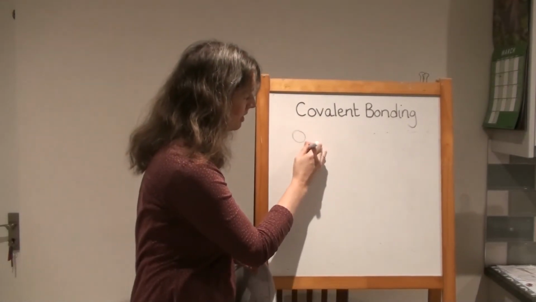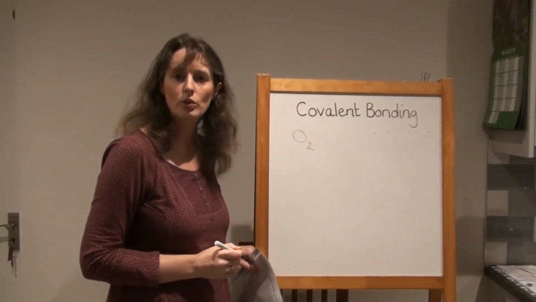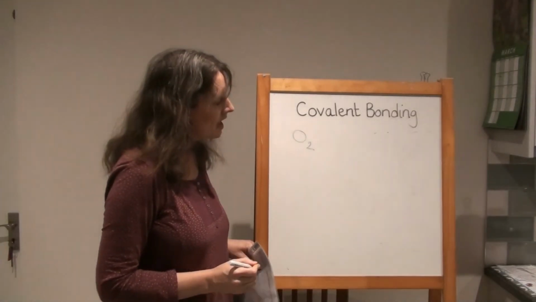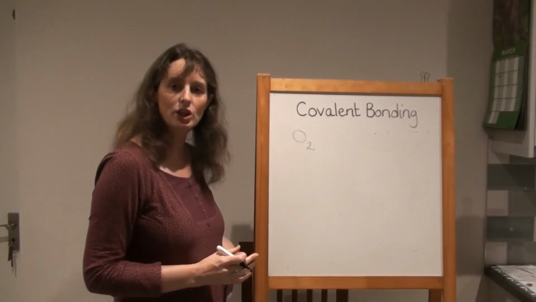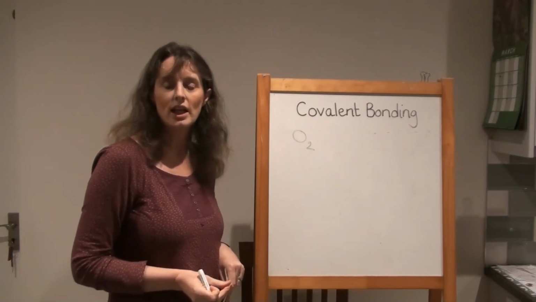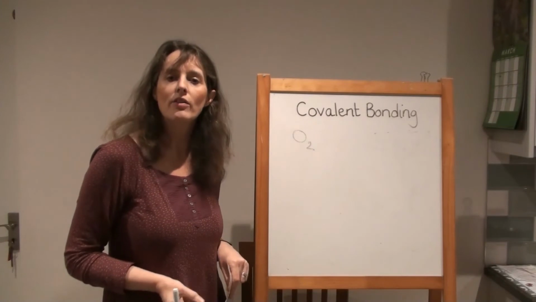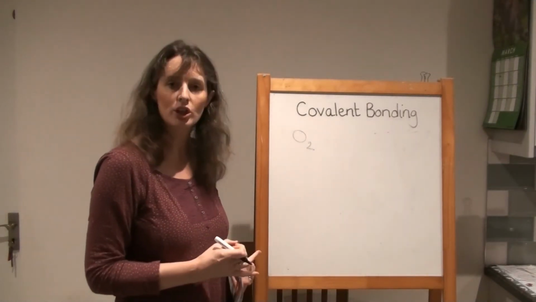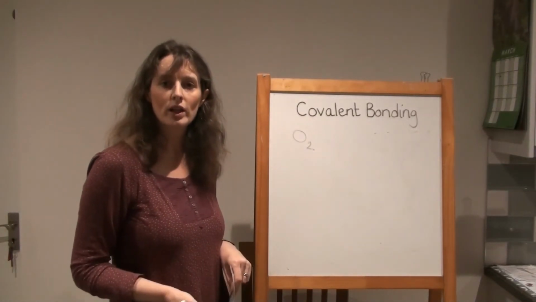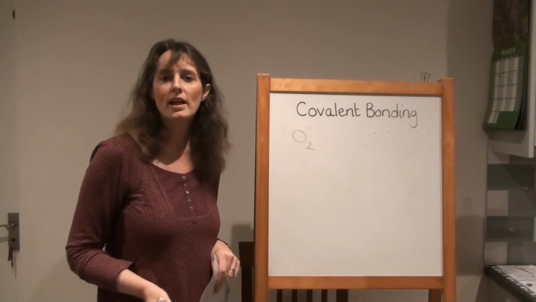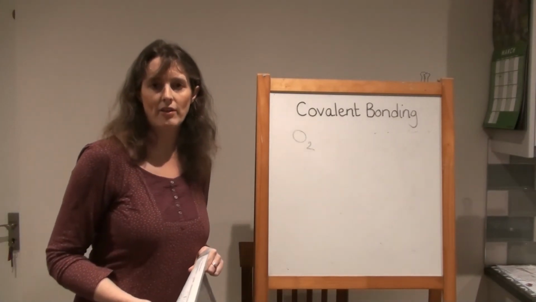It goes round in a pair, O2, O with a subscript 2 next to it. That is because it has to share electrons in order to have a full outer shell. This is the whole reason that molecules like oxygen, hydrogen, chlorine, nitrogen, they all go around in pairs because of the way they covalently bind together.